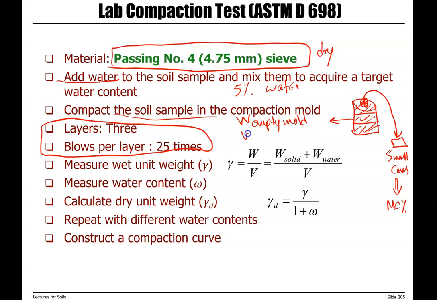After we're done with the compaction, we calculate weight of mold plus compacted soil. From the difference between these two, we can calculate weight of compacted soil.